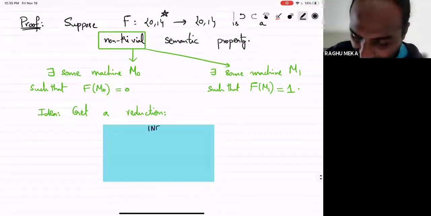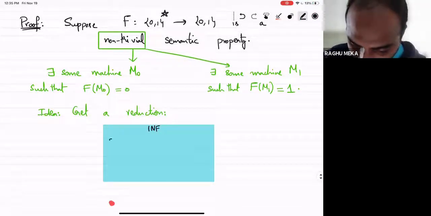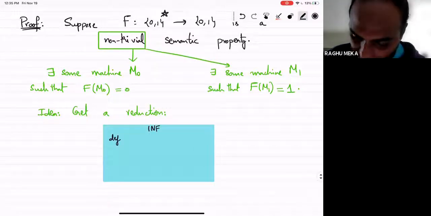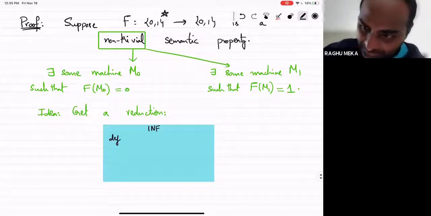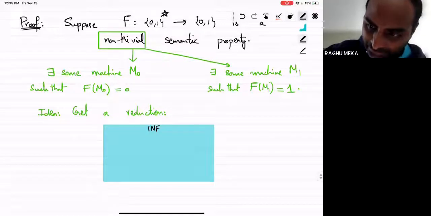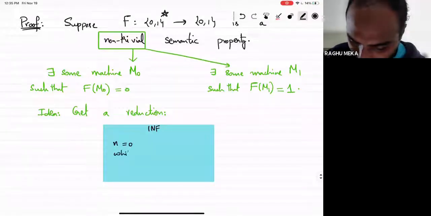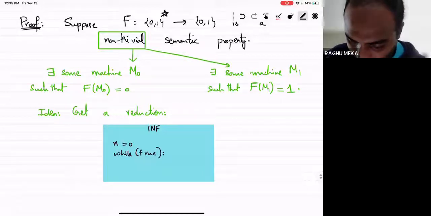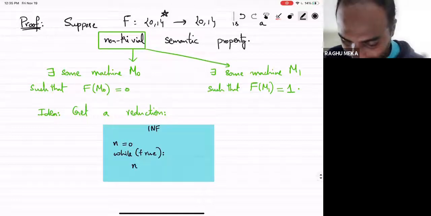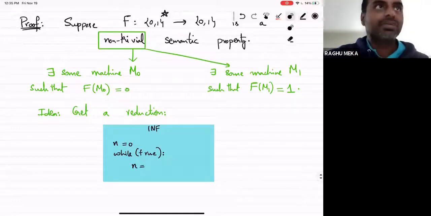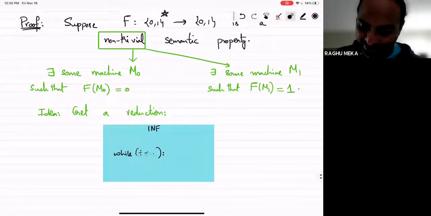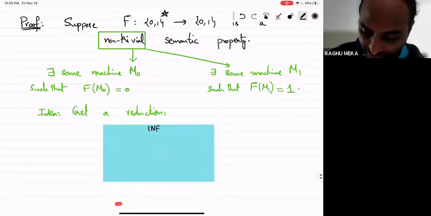It's called the infinity program. So what does it do? Actually, I don't even have to do anything. It's just a program which goes in an infinite loop.